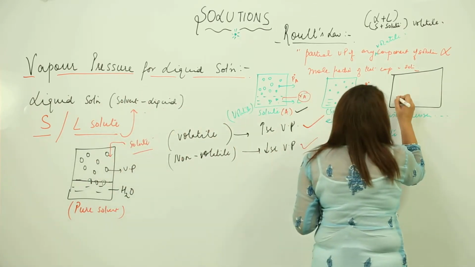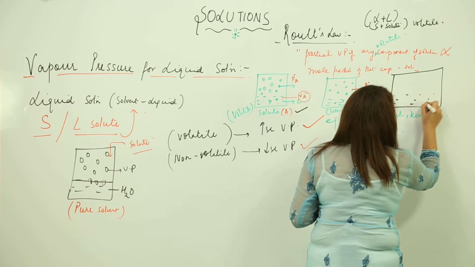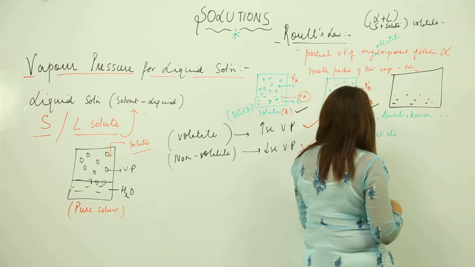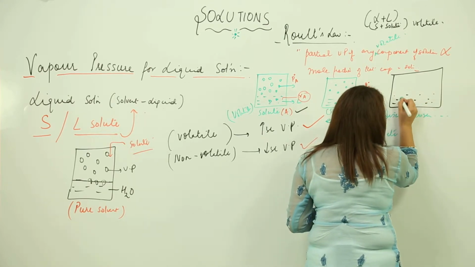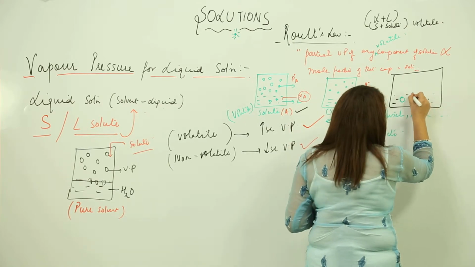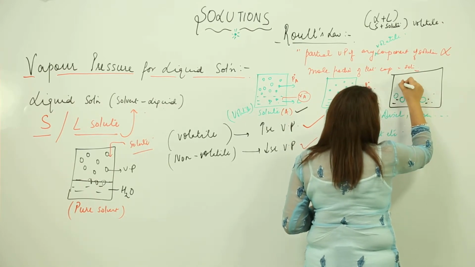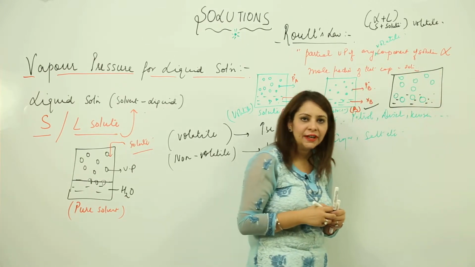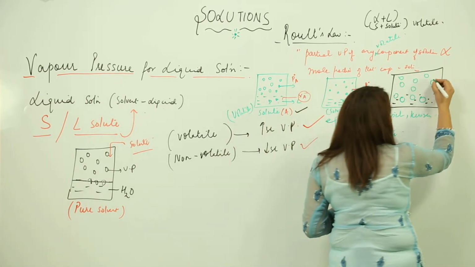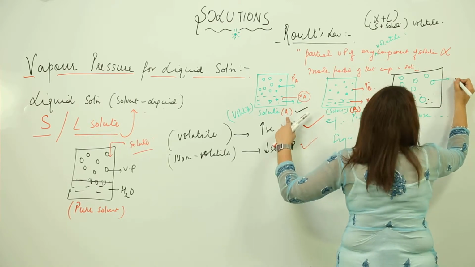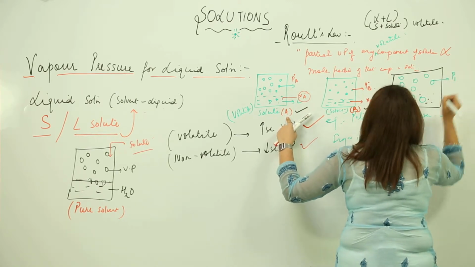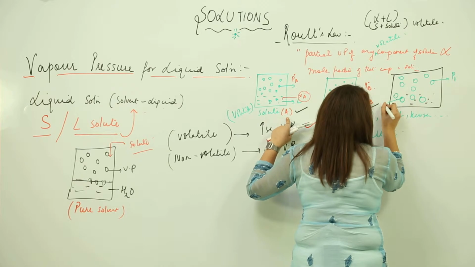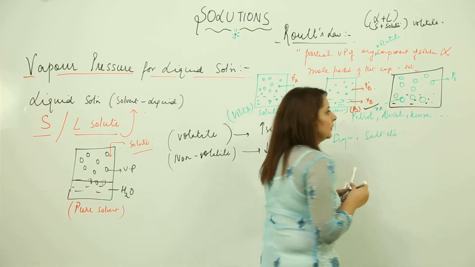We get the solute particles, and as they are volatile, they occupy some space above also. Let the pressure due to it be P1 and its mole fraction XA.